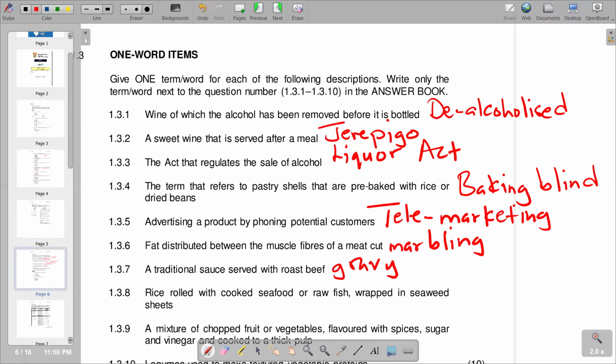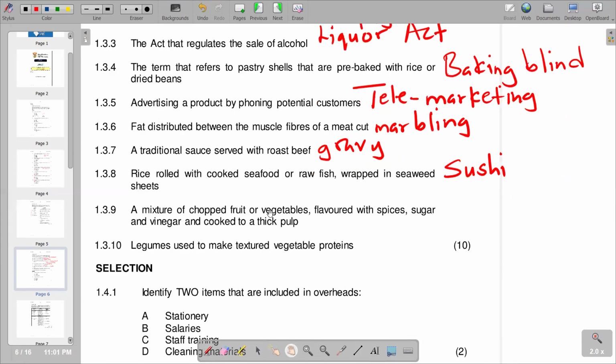And then number 8, rice bowl with cooked seafood or raw fish wrapped in seaweed sheets. So see what correct response we have, and this is sushi. And we go to number 9, a mixture of chopped fruit or vegetables flavored with spices, sugar, and vinegar, and cooked to a thick pulp.